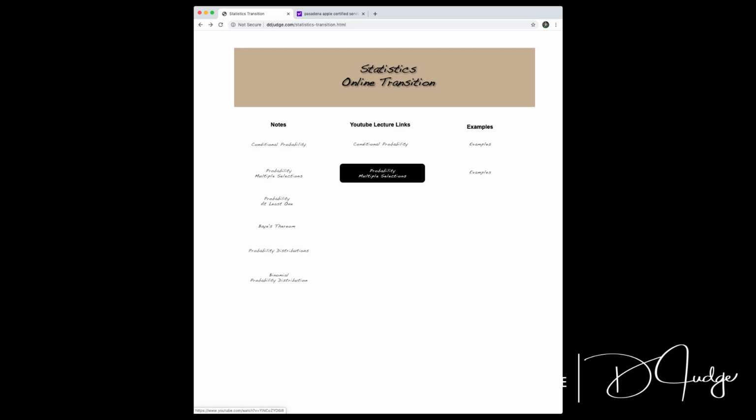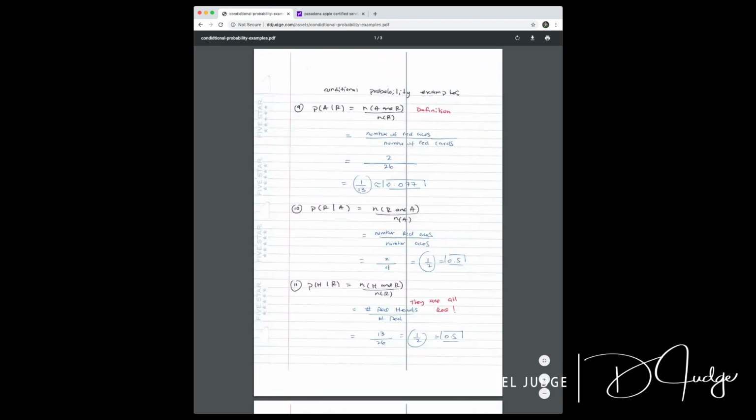What I said I would do: you see these examples. These are all further examples on the notes and the lectures. For the conditional probabilities, I'm going to have to rescan this. I'm getting a new scanner soon, and it has this ugly stripe I'm going to get rid of, so I'll rescan it all. But I still wanted to get it up for you.